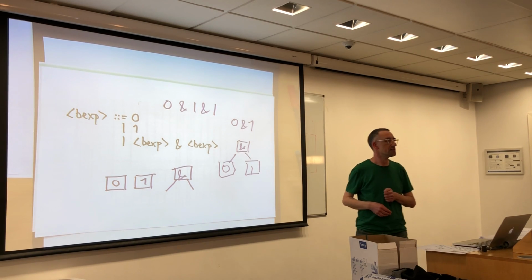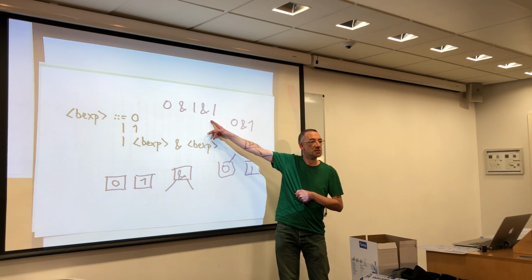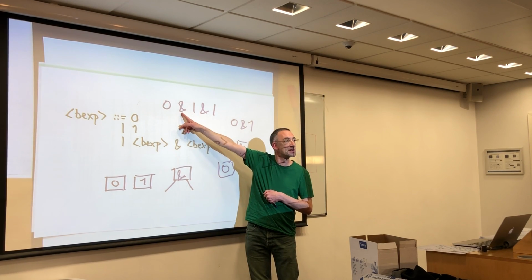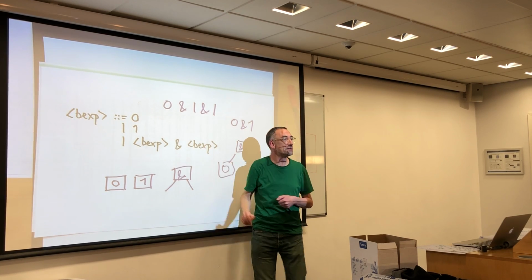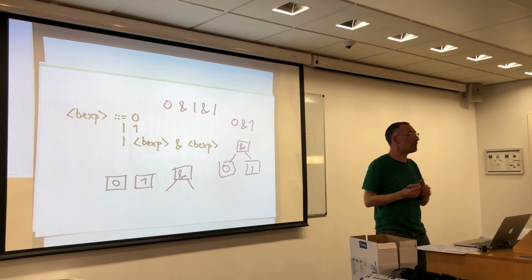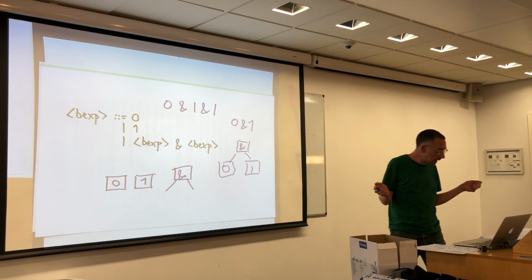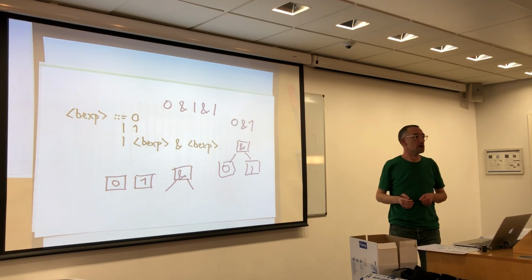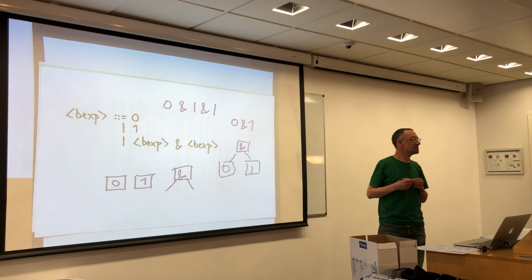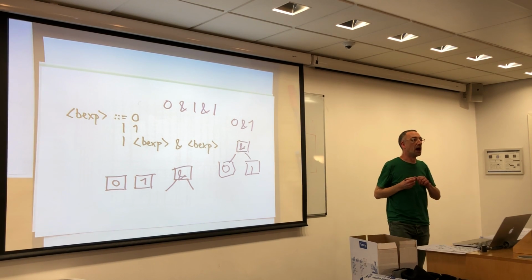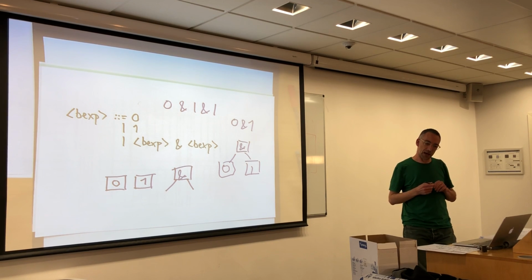Can you all see that there are two syntax trees this could possibly be, depending on whether you put this ampersand at the top or this one? And if it was even longer, with more ampersands, there would be even more possible combinations. So there are various things that one does about that.